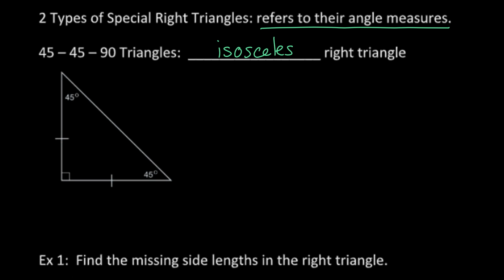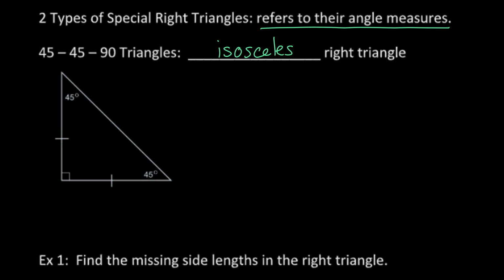So, the whole reason why these are considered to be special is because no matter what, if you have a 45, 45, 90 triangle, their side lengths are always going to have the same exact relationship.